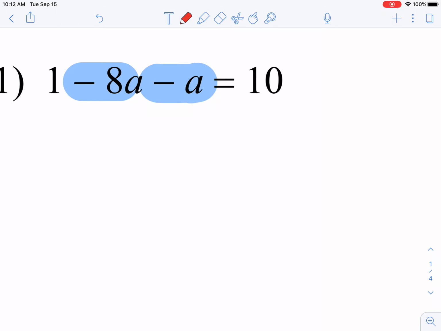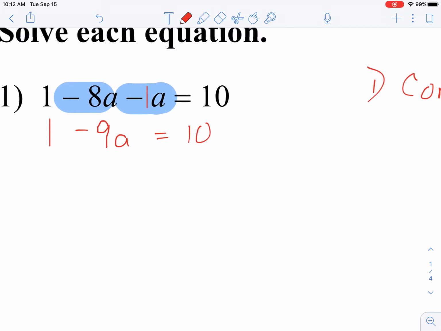So there's also a 1 right there. And so whenever you just have a letter, the number 1 is in front of it. So I want to add negative 8 and negative 1 together, which will give me negative 9. The A just stays the same. The 1 drops down, equals 10 drops down as well. And that's all you do for combining like terms.